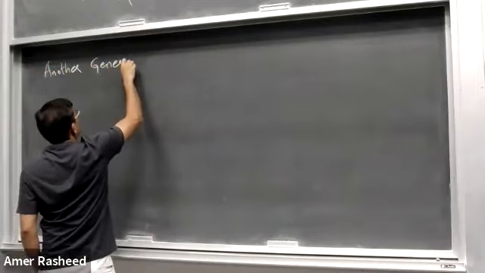We keep the highest order derivative on the left hand side and all other terms on the right hand side. Then we can write this as d square y by dx square is equal to, what is this thing?